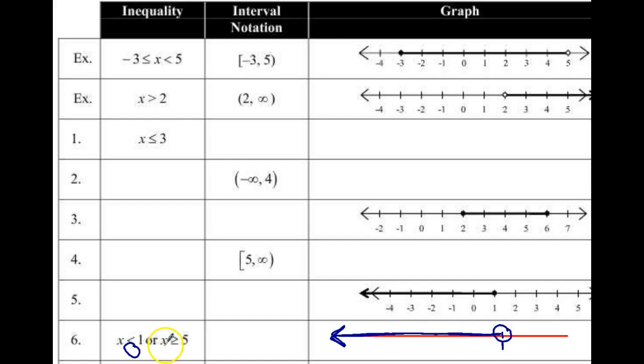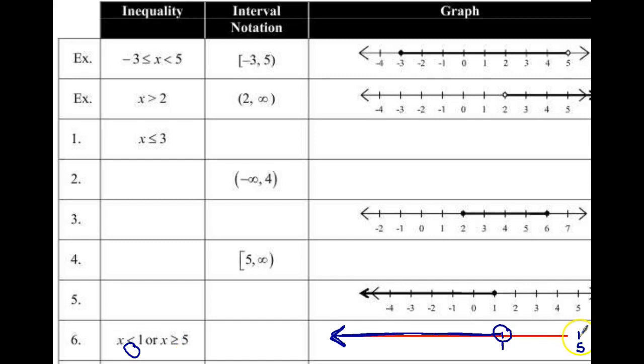Now, the second inequality says x is greater than or equal to 5. So I know I'm starting at 5. So 5 should be here. And I know x is greater than, that means I'm going to go right. So greater than we go right, less than we go left.